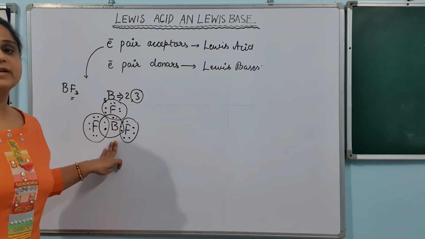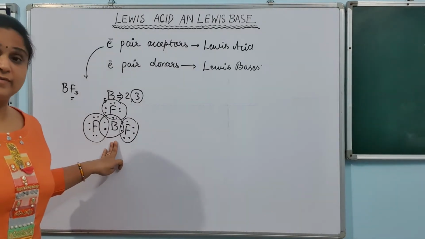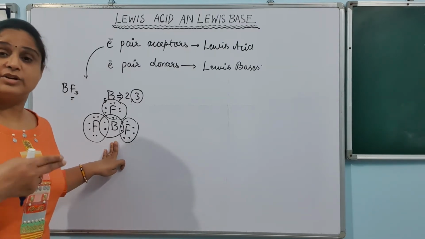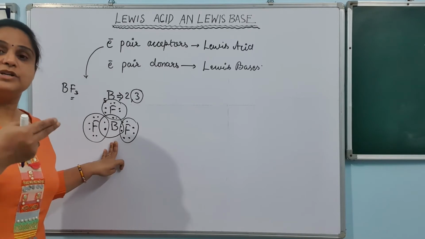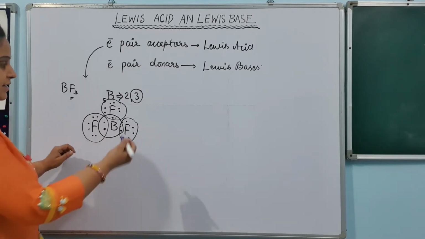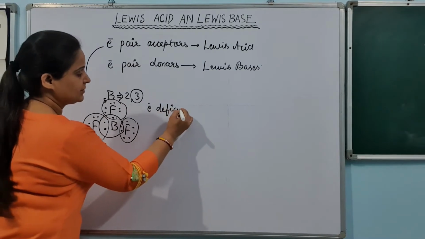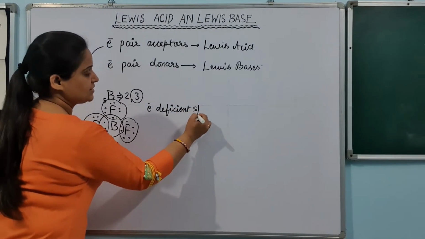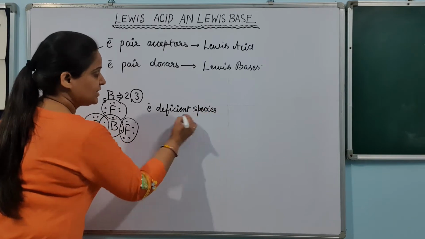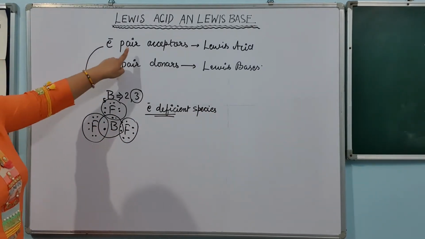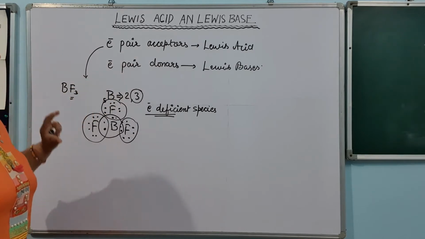Species which have fewer electrons in the outermost shell, whose octet is not completed, we call electron deficient species. These electron deficient species behave like a Lewis acid because they have a tendency to accept electrons.